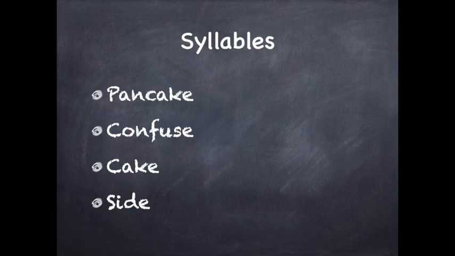So if I say pancake, I clapped twice, right? So that has how many syllables? Exactly, it has 2. How many do you think the rest have? Confuse, cake, side. Try and think to yourself, how many syllables do each of those 3 words have? Let's check our work.